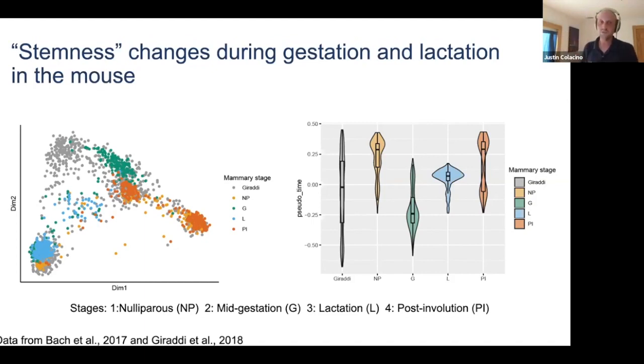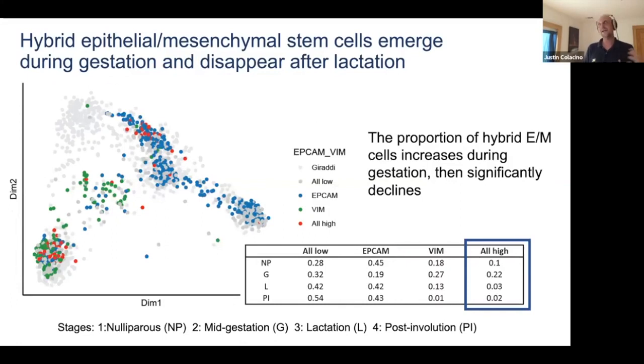And so we can also come back to that hybrid epithelial mesenchymal cell story, right, where we had previously seen in our Fluidigm data that there was this rare subtype of hybrid cells that had this epithelial mesenchymal phenotype at the same time. So here we scored cells based on their co-expression of EpCAM, an epithelial marker, and Vimentin, the mesenchymal marker.